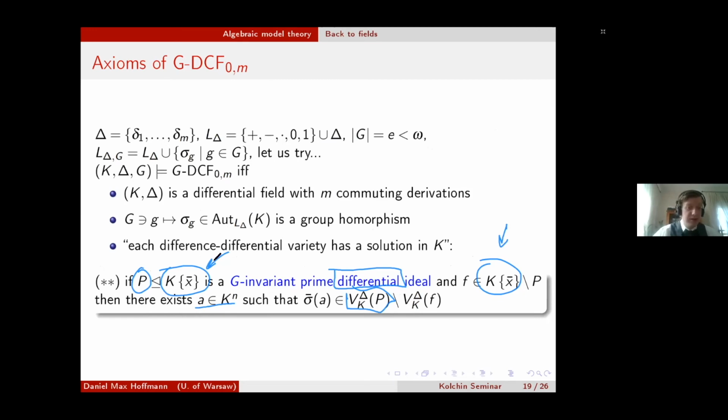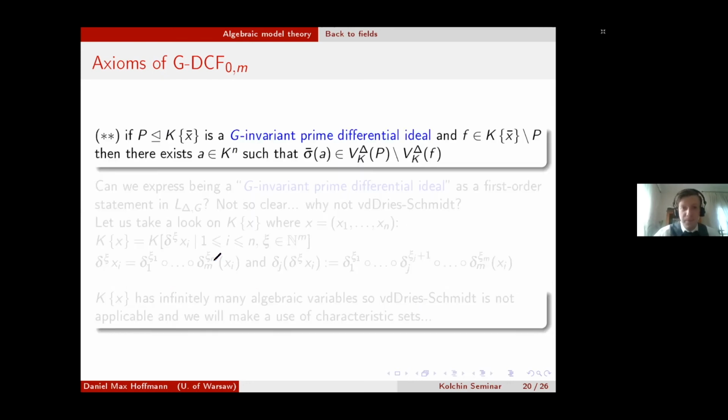That's a perfect axiomatization of fields with m commuting derivations and a group action of G which are existentially closed. And actually that will be the final answer, but almost. We need to understand in what sense this condition double star is first order, that it can be written as a first order statement.